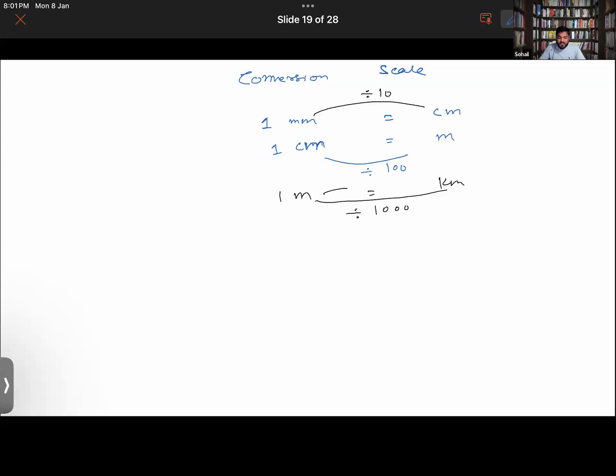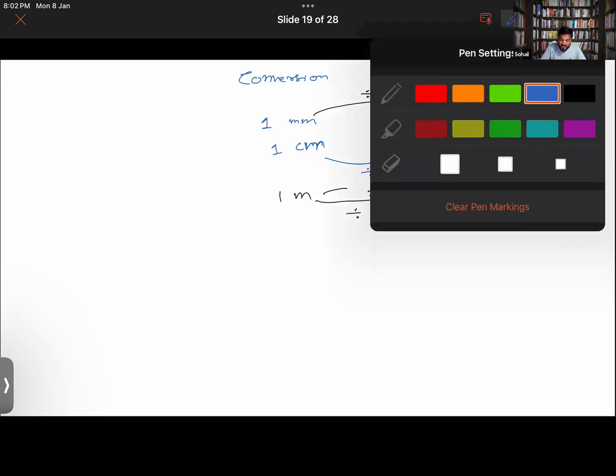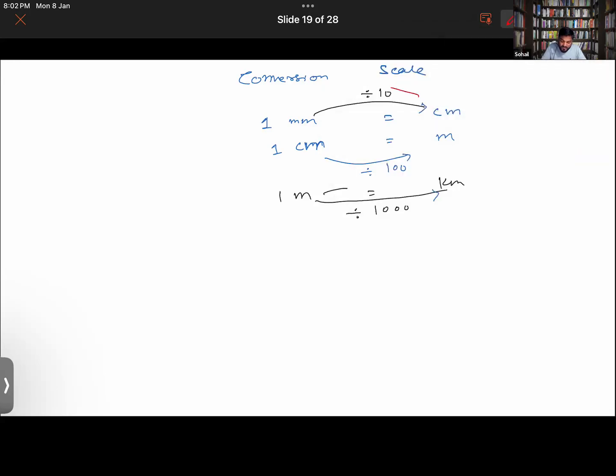When you convert a smaller unit to a bigger unit, you have to divide. Vice versa, if you convert from centimeter to millimeter, or meter to centimeter, or kilometer to meter, you have to multiply. So always remember these general things.